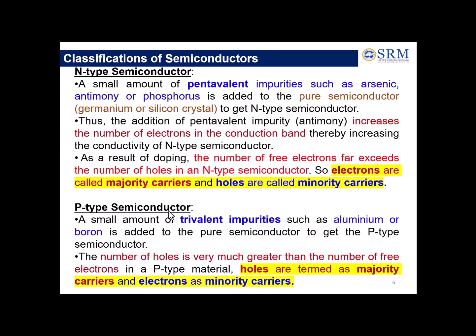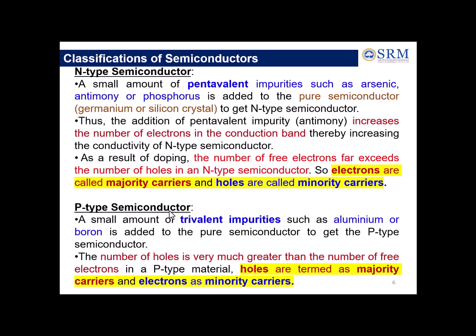Right, now let us see what is N-type, then P-type. For the N-type semiconductor, we are going to add a small amount of pentavalent impurities such as arsenic, antimony, or phosphorus. We add these impurities to the pure semiconductor, which can be either germanium or silicon crystal, to get the N-type semiconductor.